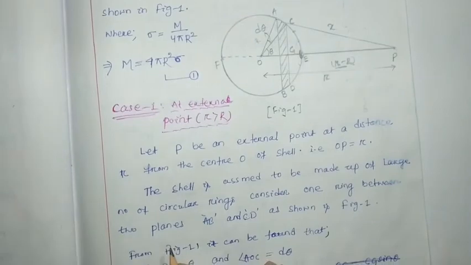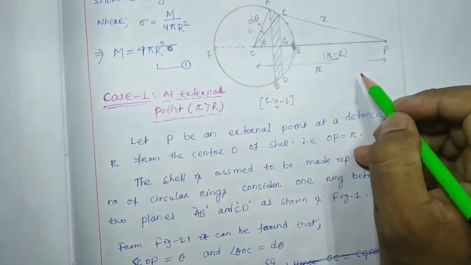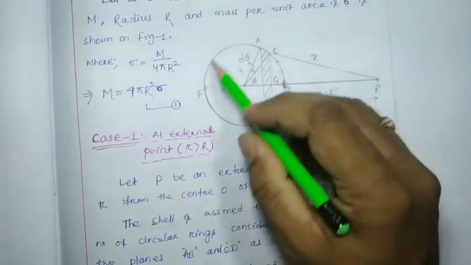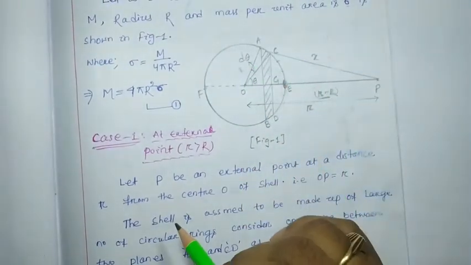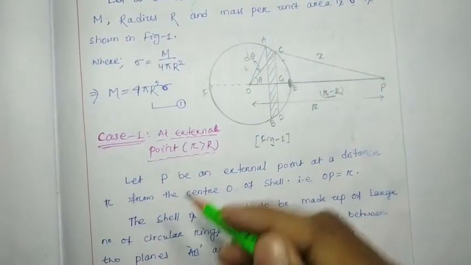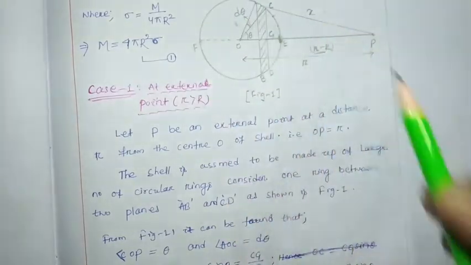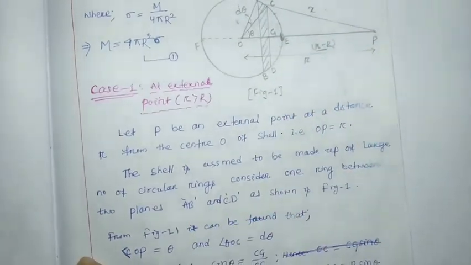Now we have to consider, at an external point P, what will be the value of potential due to this spherical shell. First, I am just reading about this figure. You just watch, then we will go slowly.